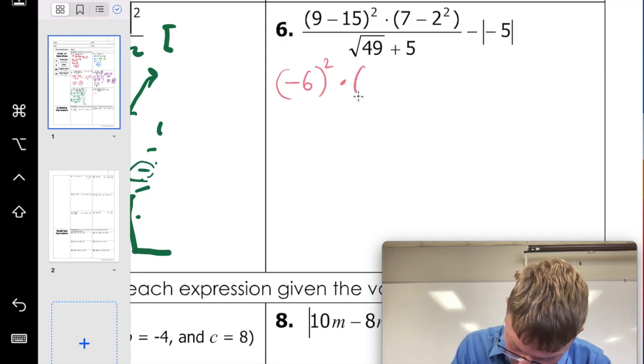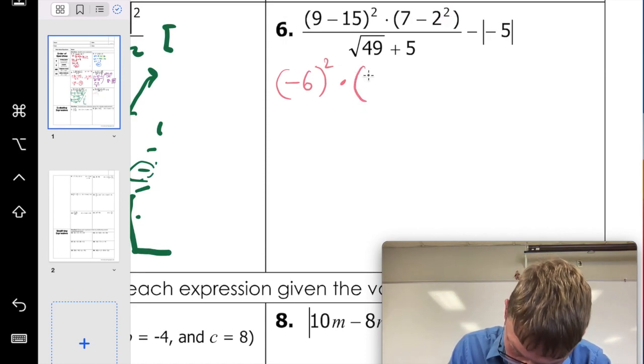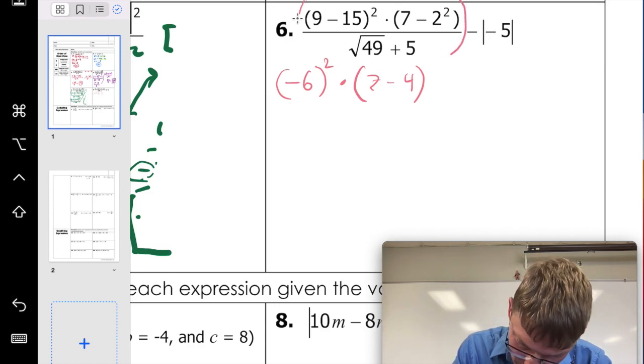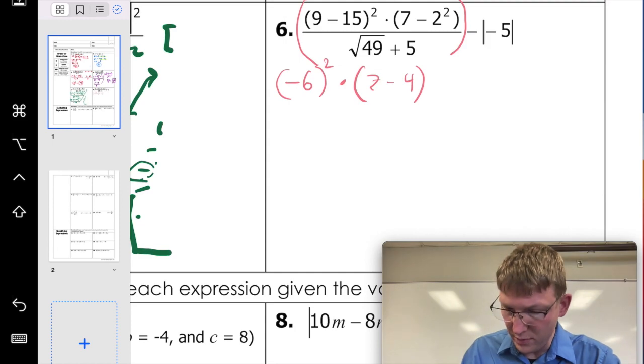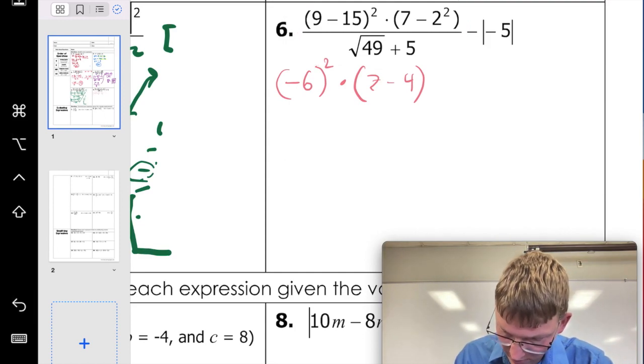Multiplied. Inside this, we've got an exponent, so we're going to do our exponent first. So 7 minus 4. And again, if you wanted to put parentheses around this whole thing, that would be just fine, just to differentiate it from that last part.